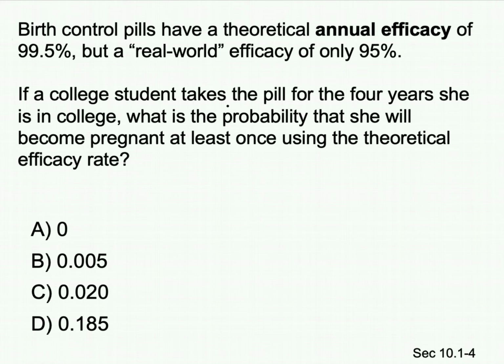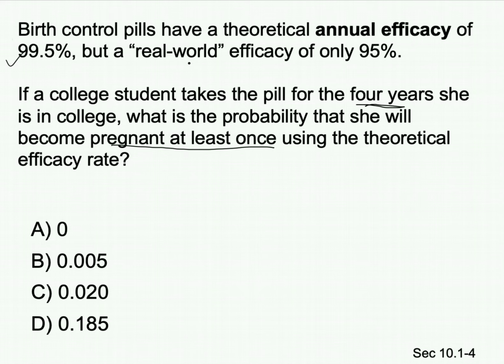If a college student takes a pill for 4 years, what is the probability that she will become pregnant at least once out of 4 years using the theoretical efficacy rate?